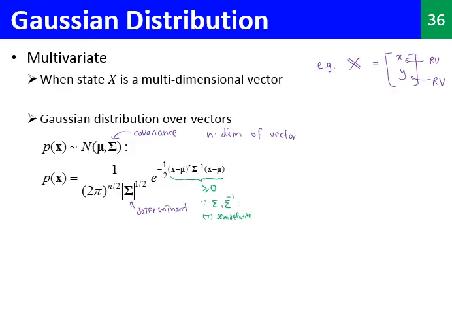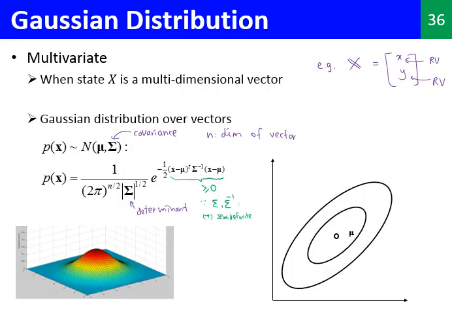Now we can actually graphically visualize only up to n equals 2. So if I consider that example, here on the left hand side we have the 3D view of the multivariate Gaussian distribution when n equals 2.